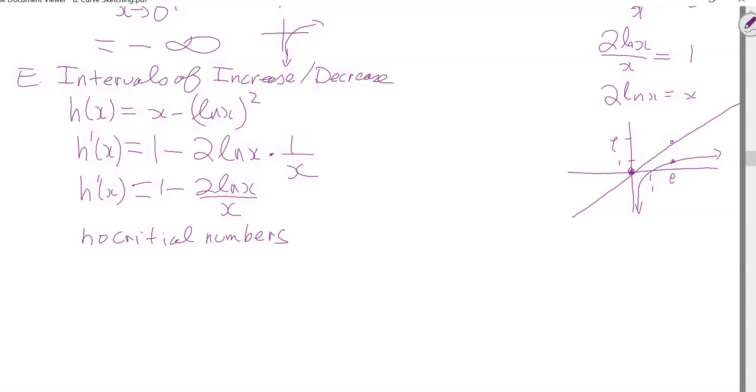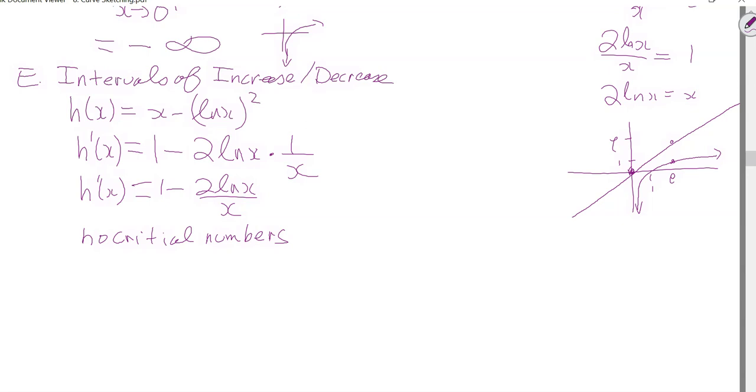Which means we just need to figure out the sign of this thing. Is it positive or is it negative? 1 minus 2 ln x over x. So 2 ln x is always going to be smaller than x, right? So this is always just going to be a fraction. And even if the x is negative, it would just be 1 minus, which would become plus, and otherwise this is smaller.